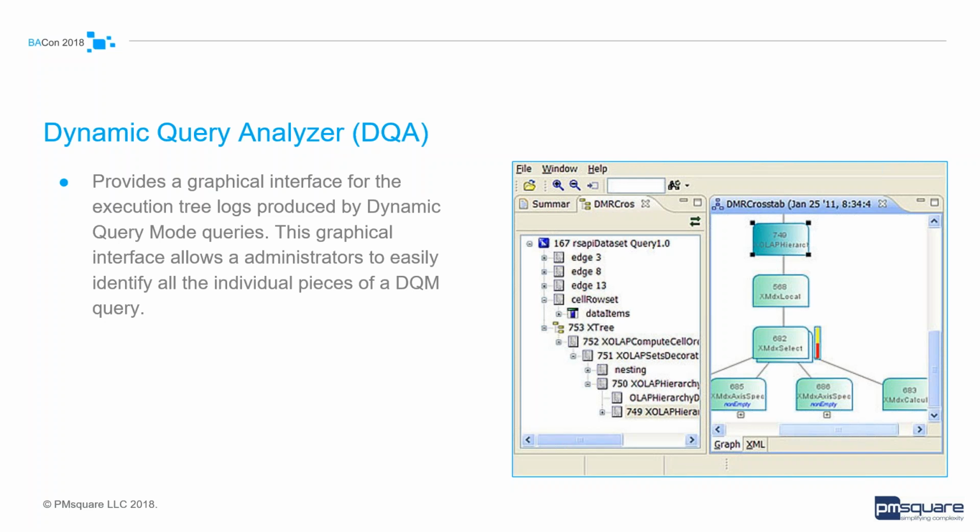This way it will highlight those. So if you are having performance issues within DQM, report authors will be able to go in directly and see, okay, here's specifically the node I'm having an issue with, and here's where I can go back into my report, restructure that, and hopefully alleviate that issue.